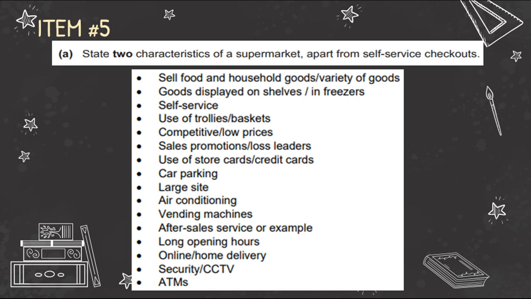Obviously, a supermarket is a place to sell food and household goods and different kinds of goods. Of course, there are also sales promotions. A supermarket has competitive and sometimes low prices. And of course, you can use a store card or a credit card.